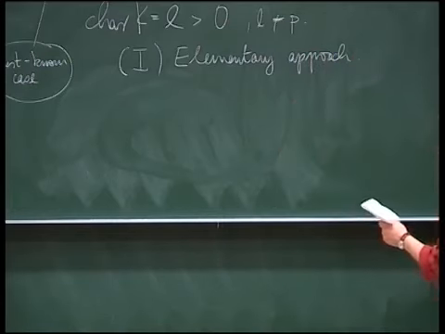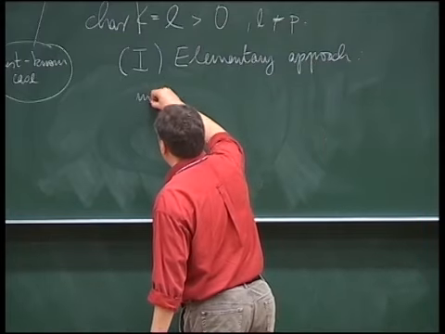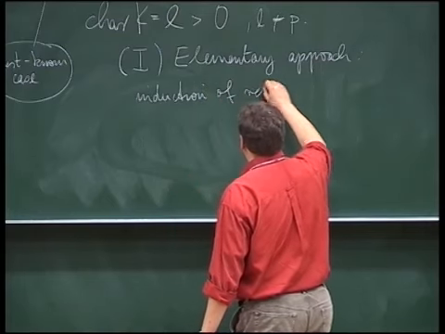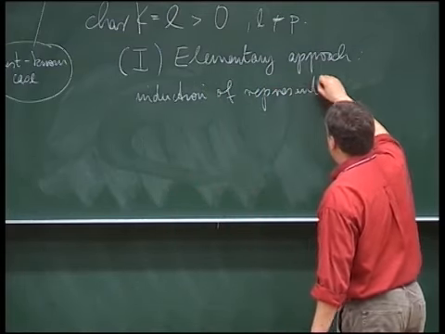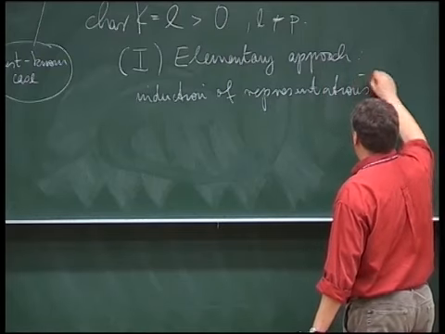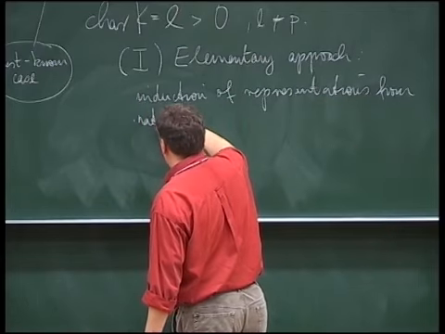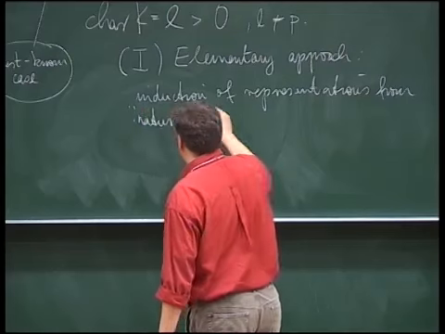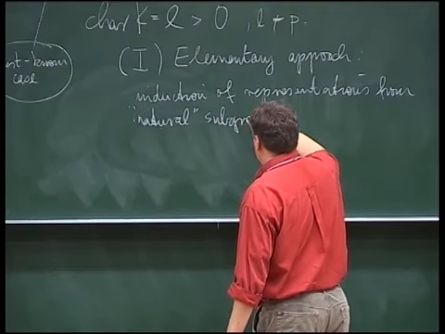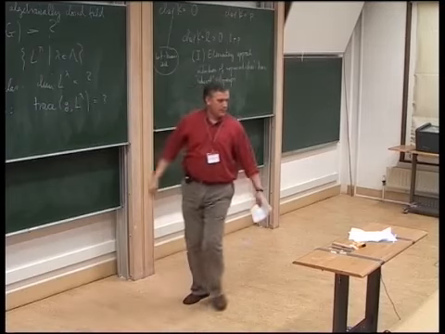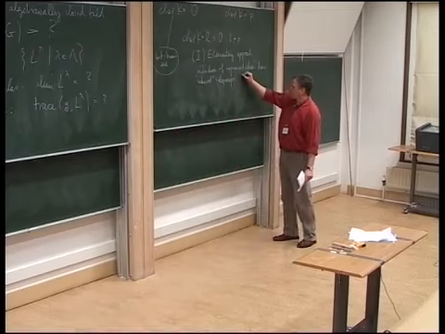So this basically consists of considering the induction of representations from, let's say, natural subgroups which come with such an algebraic group like Borel subgroups or parabolic subgroups.